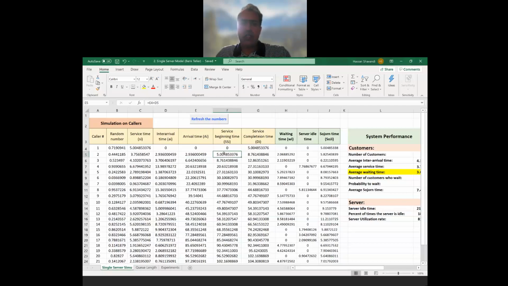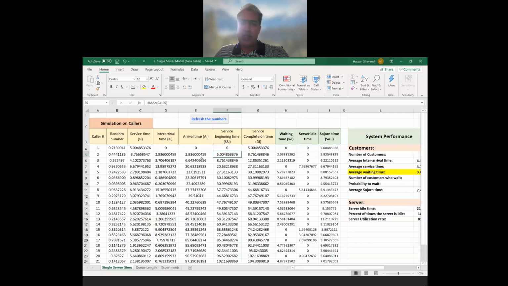For customer 2, as you see here, we have the maximum between G4 and E5. G4 here is the service completion time for customer 1, right? And E5 is the arrival time of customer 2. So the maximum between the service completion time of the previous customer and the arrival time of this customer gives the service beginning time for this customer.